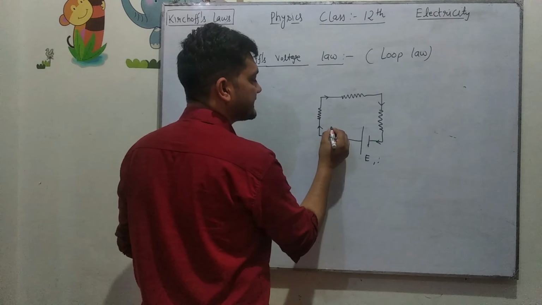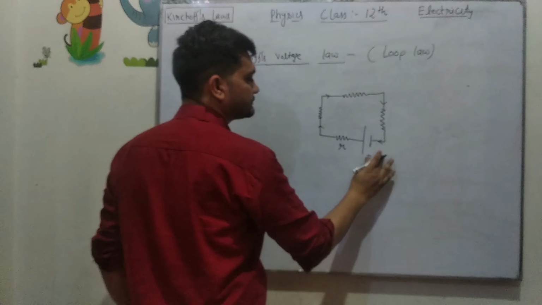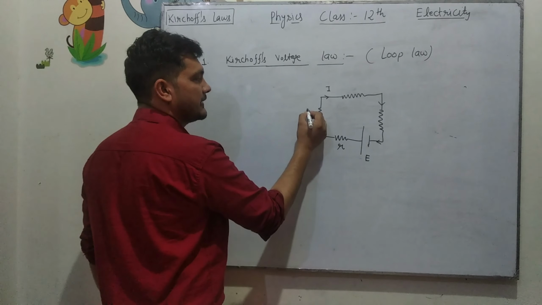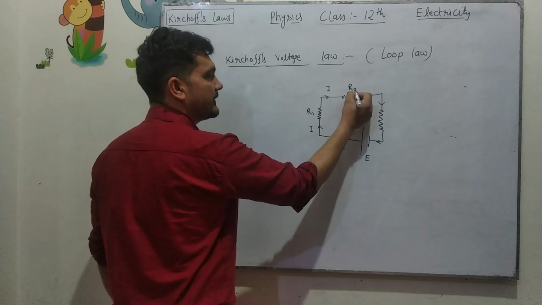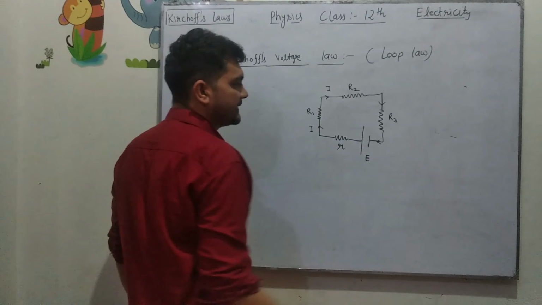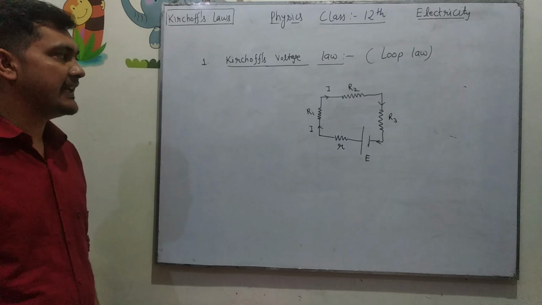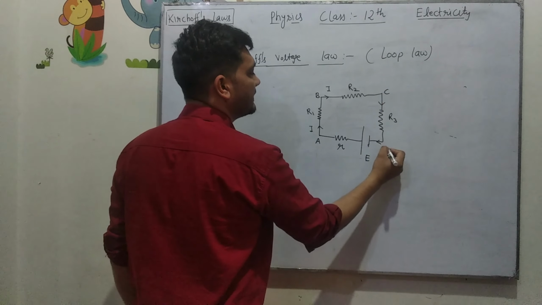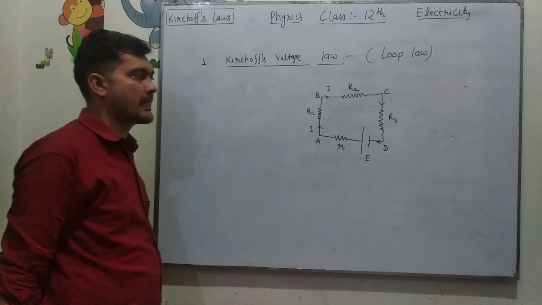Say this is the internal resistance of this battery, and current is flowing in this direction. Suppose I is the current. Say these resistances are R1, R2 and R3. These are resistances, and we have this closed loop. This closed loop is say A, B, C, D.